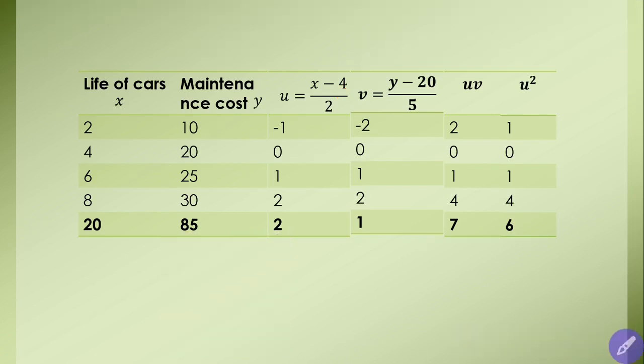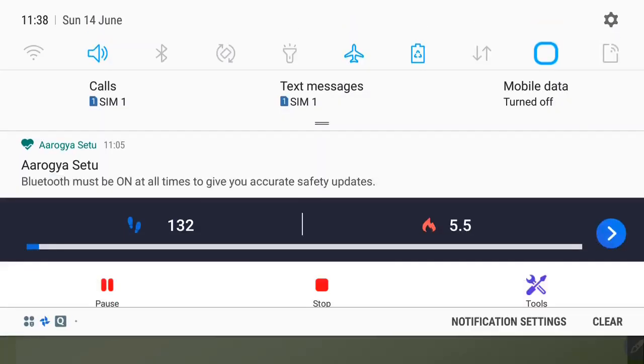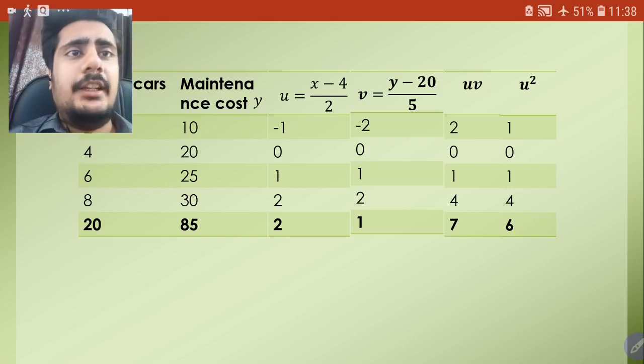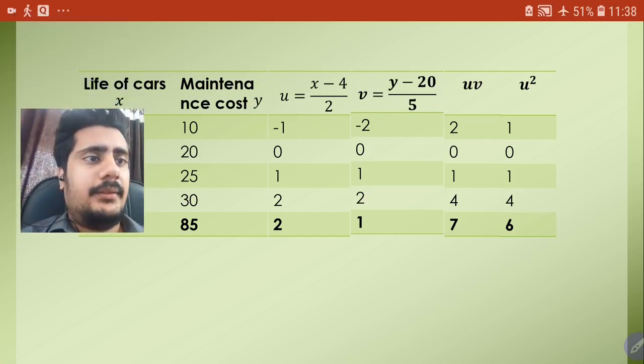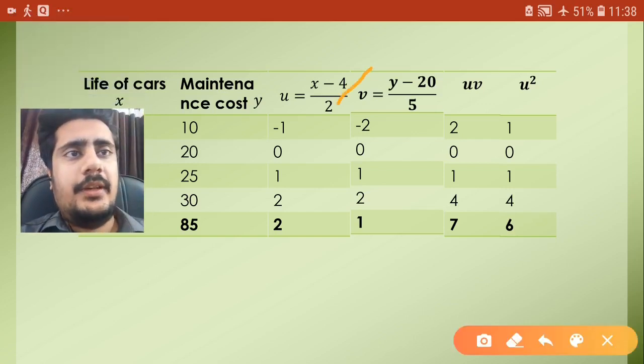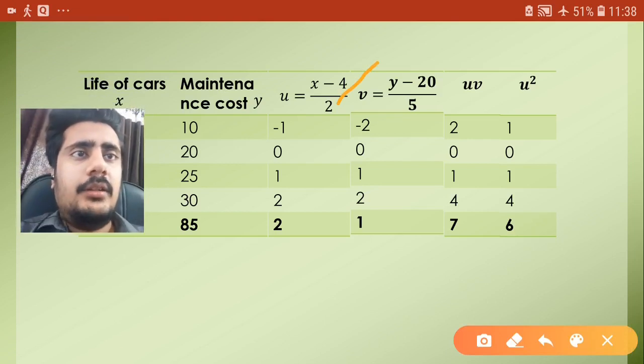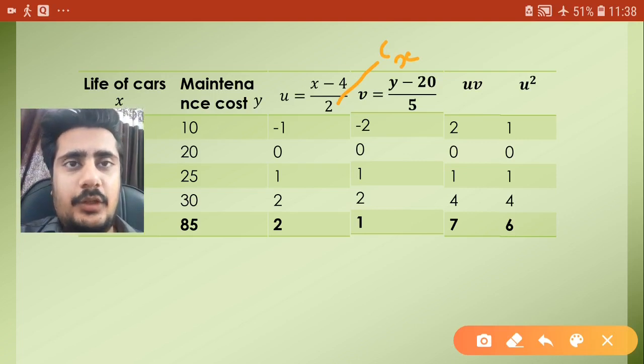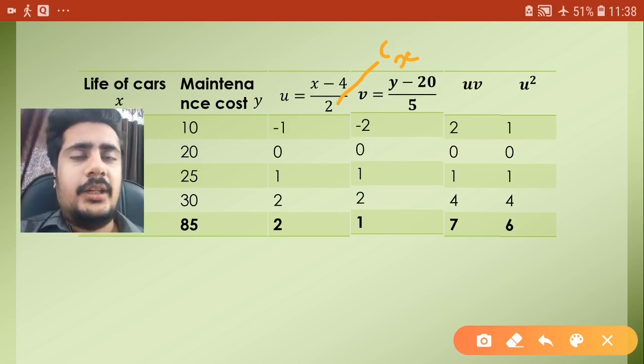When you divide any digit while forming u, we name it Cx.